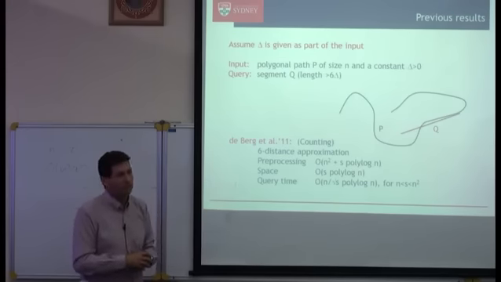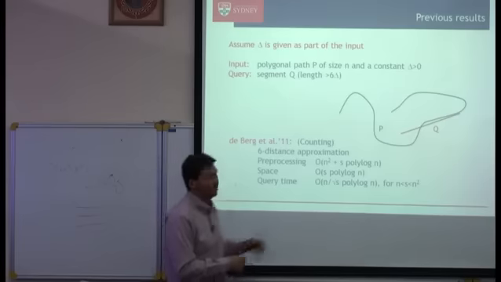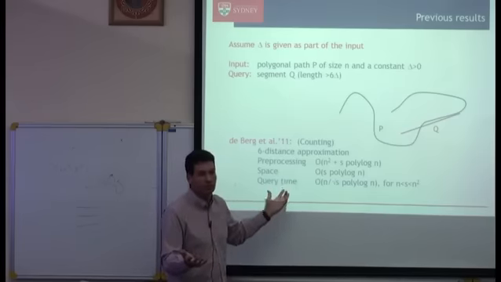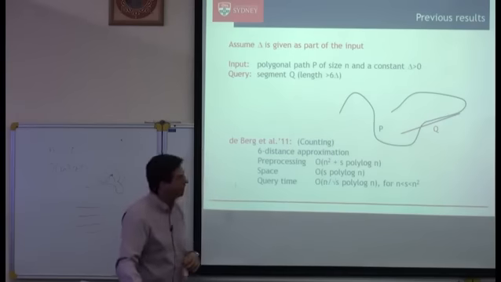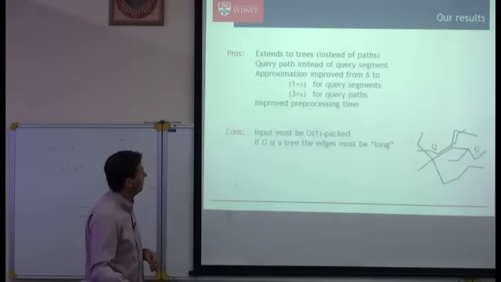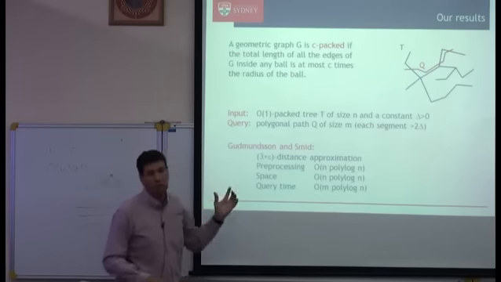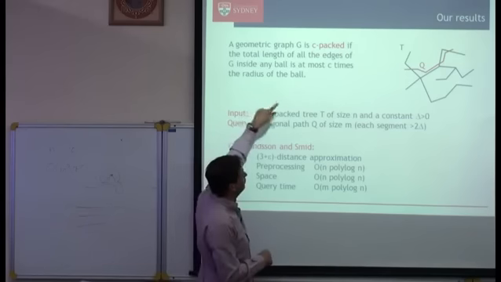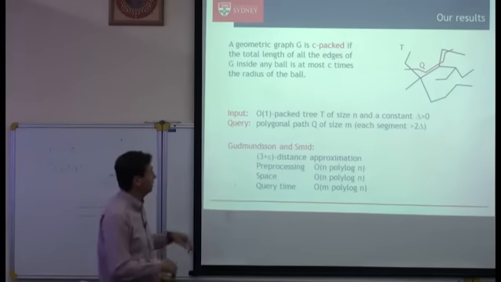I think this is a very nice and very natural problem, but there are hardly any results at all. We improved this for a very special case last year. If you assume that the graph is c-packed, then you can do a little bit better.